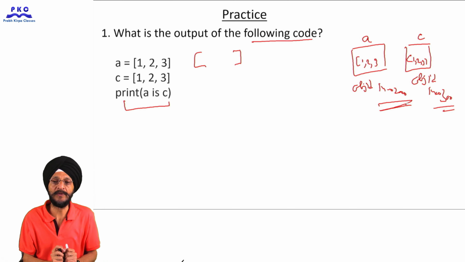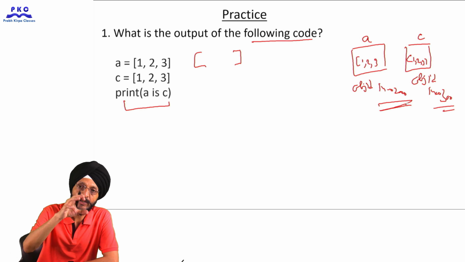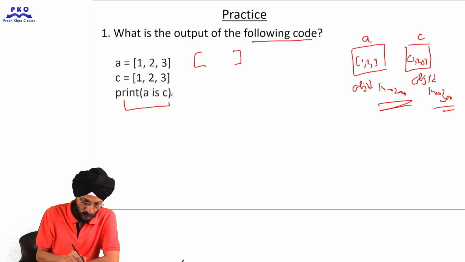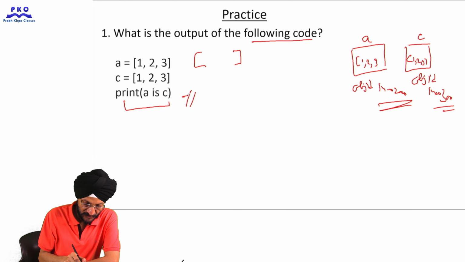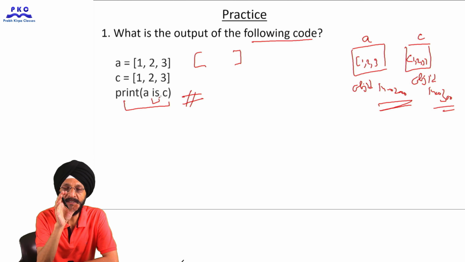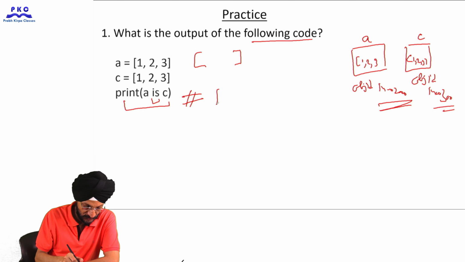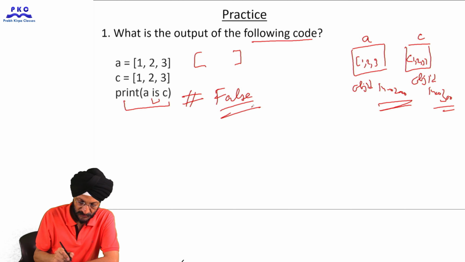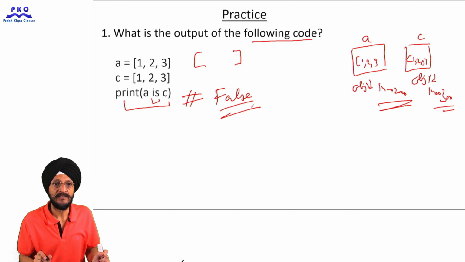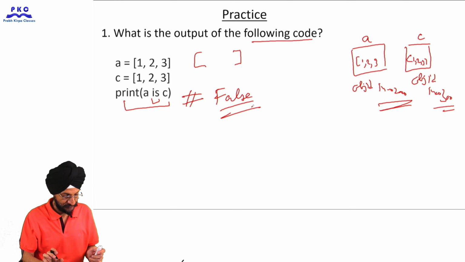So in the case of lists, each assignment creates a different object in memory. So print a is c. Here we are using the is operator to find out whether the memory address of both the variables is the same, whether a and c refer to the same object in memory. The answer is false. Both the objects are having different memory locations.